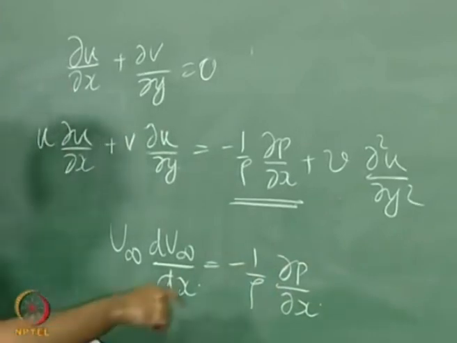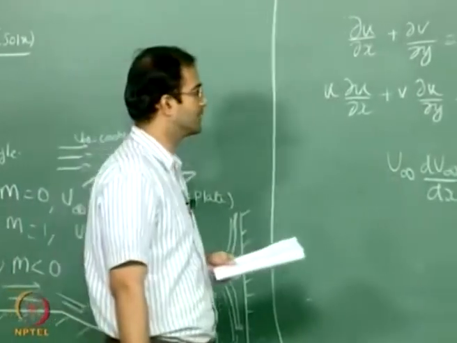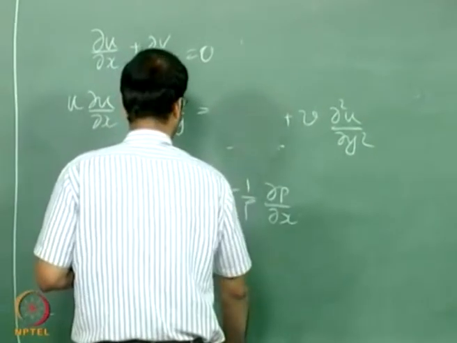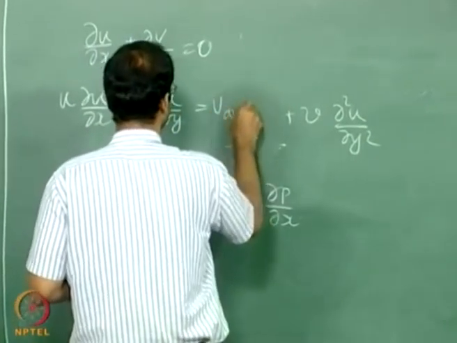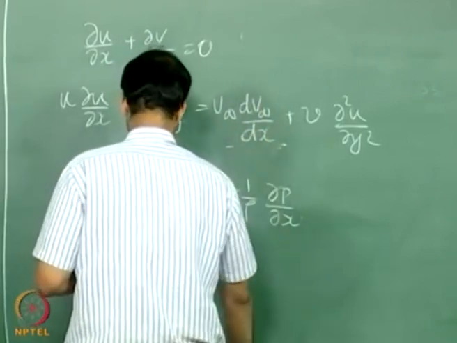So you can simply replace your pressure gradient with the equivalent velocity gradients. Therefore this term will become u infinity du infinity by dx.